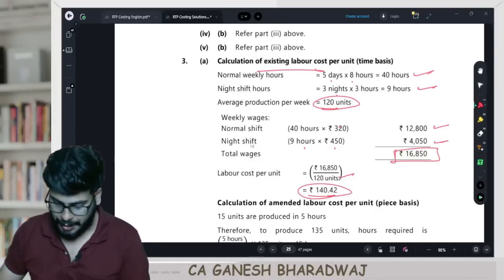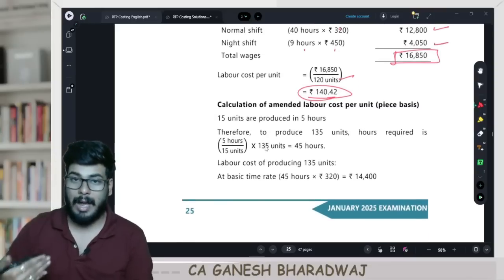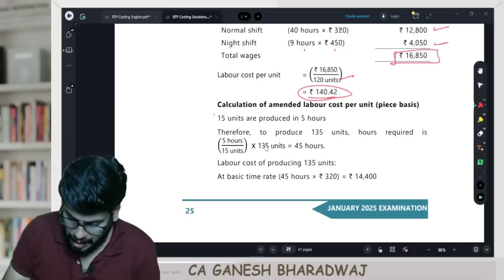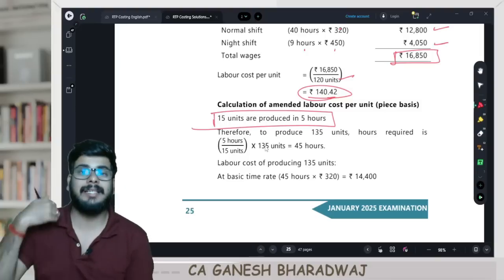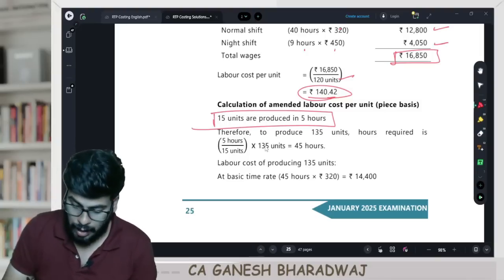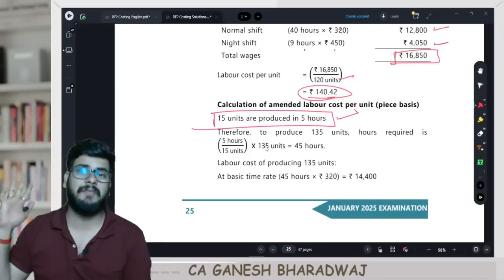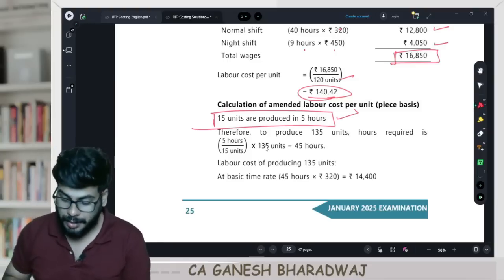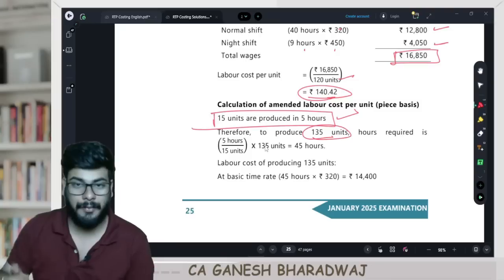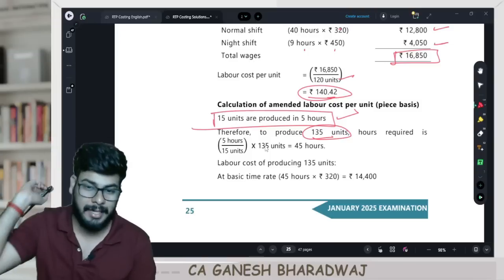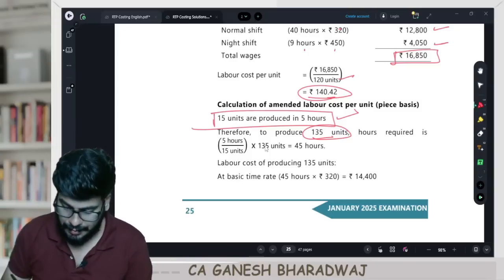Now what the company is planning to do is, they are planning to amend their particular manner of payment. Now what they have said, they are expecting and they are making the workers work how much? So 15 units are being produced in a span of just 5 hours, right? Which means to produce 135 units, it's given in the question, they have actually produced 135 units. What is the time that is taken under this revised incentive system?